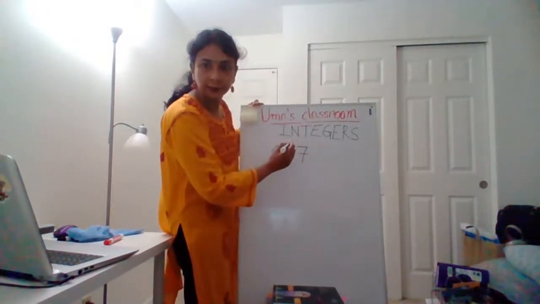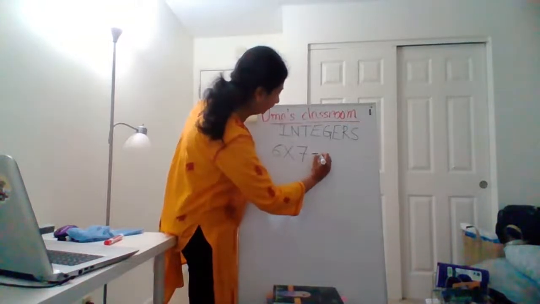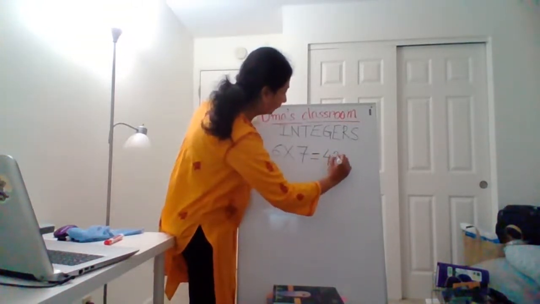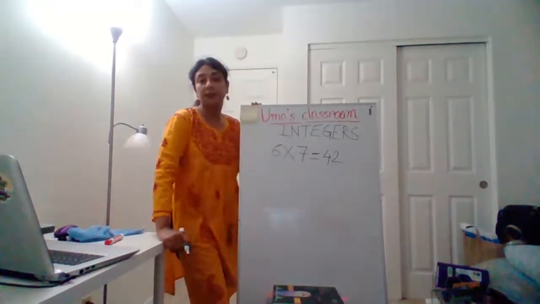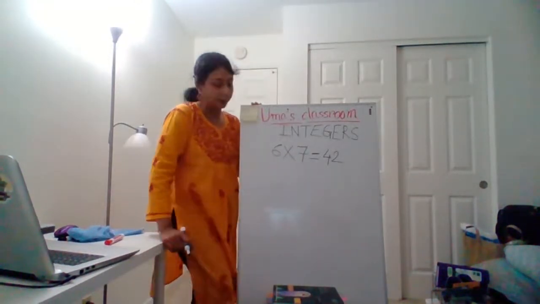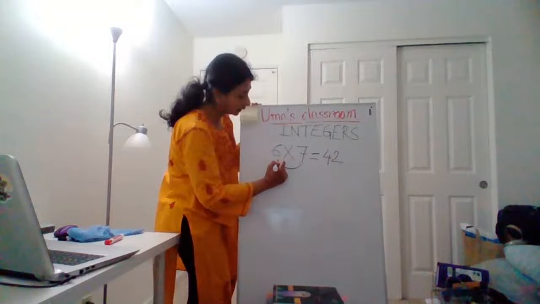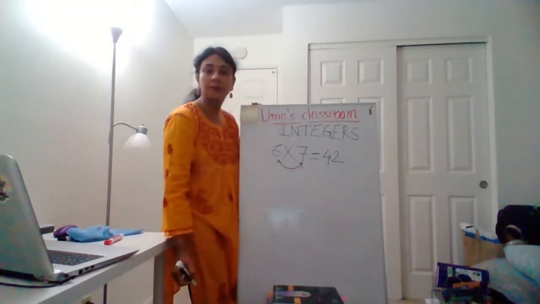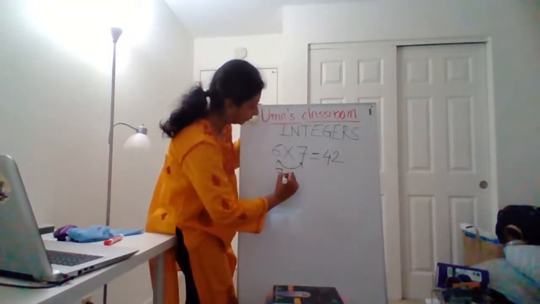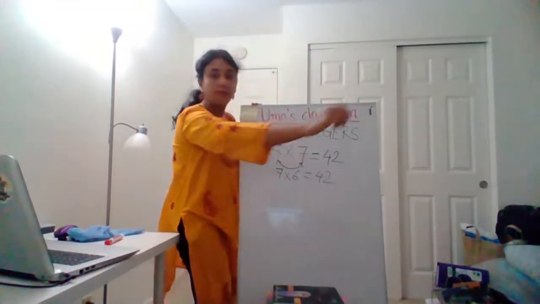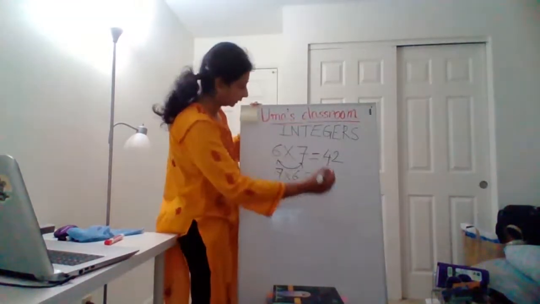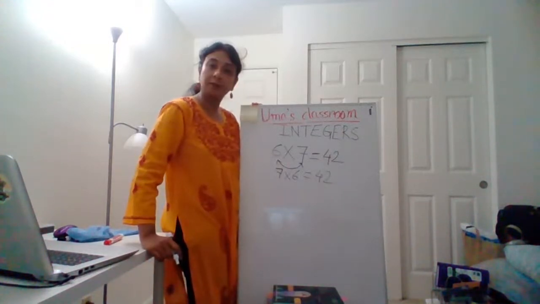This is giving me 42. The next is what I mentioned, it is commutative property. That means these integers are interchanging their positions. So 7 times 6 is also giving me a value of 42. This is called commutative property.